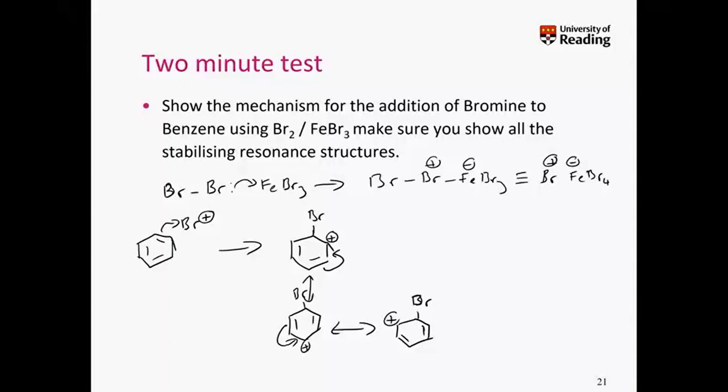But ultimately, at the end of it, we've got our hydrogen, and we know that we can form that FeBr4 minus. That can grab the hydrogen, can give its electrons away, and we can reform our aromatic ring. Okay.